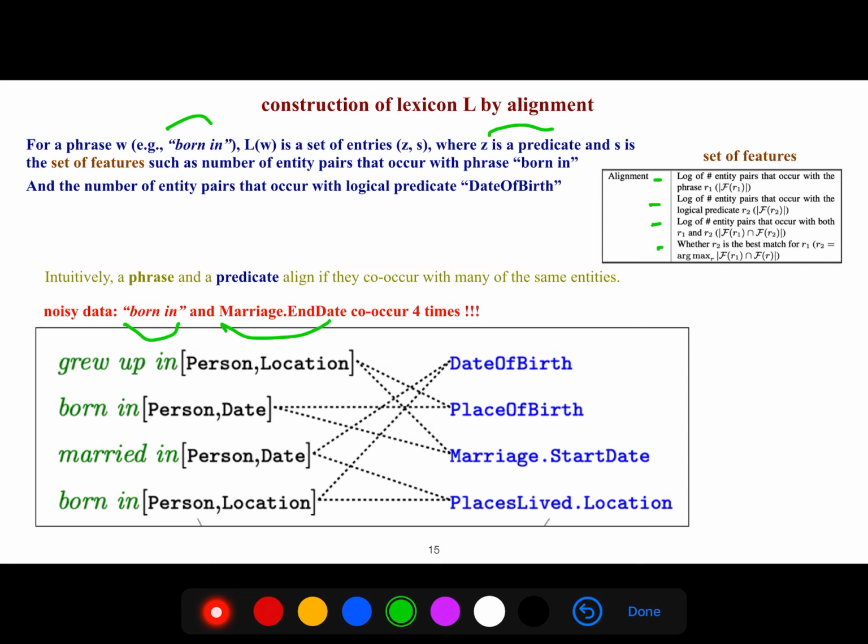The first feature is the log of the number of entity pairs that occur with the phrase, for example, born in. The other feature is the log number of entity pairs that occur with the logical predicate R2, for example, date of birth.